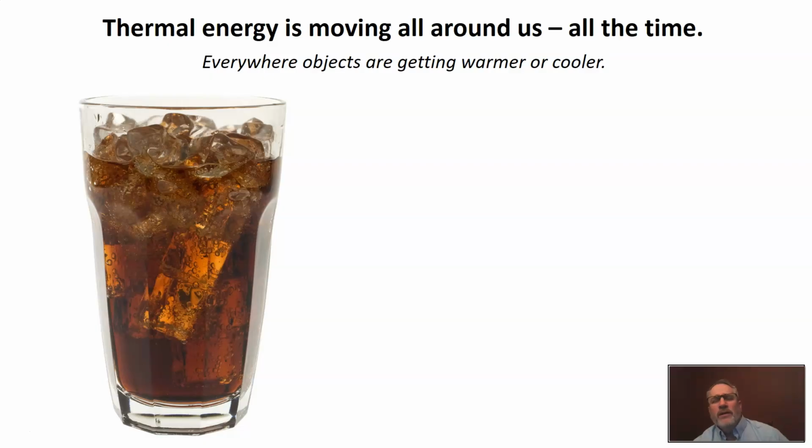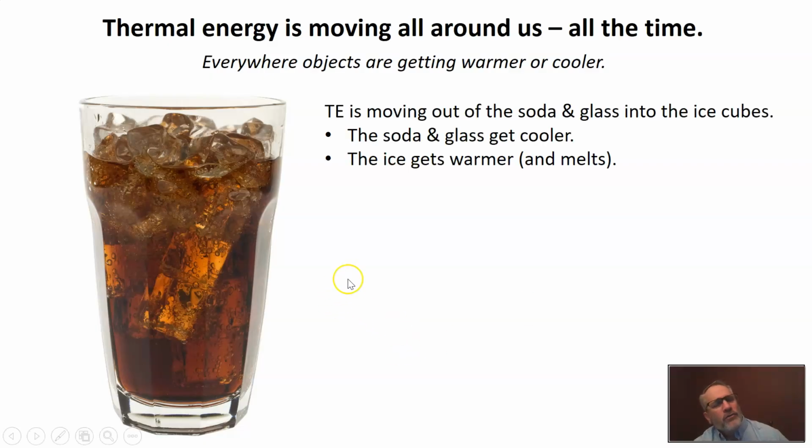Now, this one is a little bit different, even though we're still talking about a drink. Here we're trying to make something cooler. We put ice cubes in our soda, and thermal energy is actually going to be moving into the ice cubes. The coolest thing that we have is the ice cubes. So energy from the soda itself is going to flow into the ice cubes, which in effect makes our soda cooler.